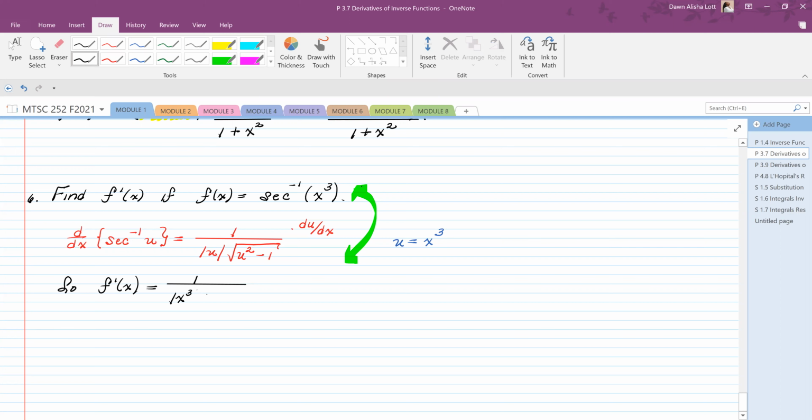Keep going. Times the square root of x cubed minus 1. Okay, I have to square that, because the u is squared. Do you see that, Eric? The u is squared. Okay, minus 1, and then I have to multiply by one other thing. What else do I have to multiply by? Three x squared. Yes, 3x squared.